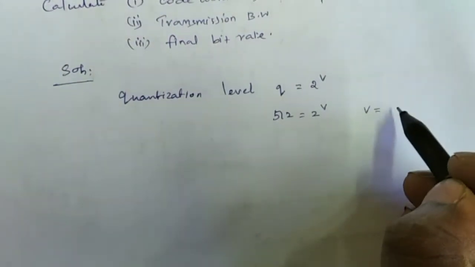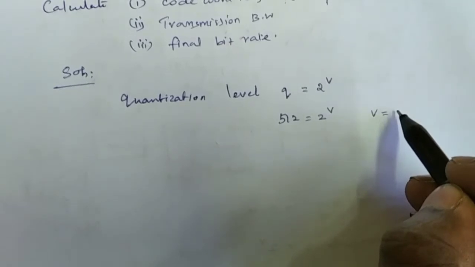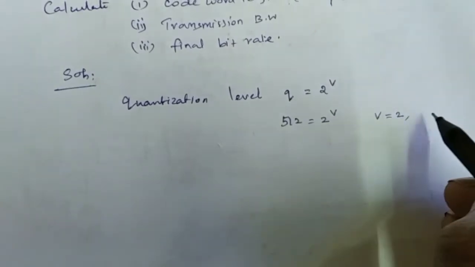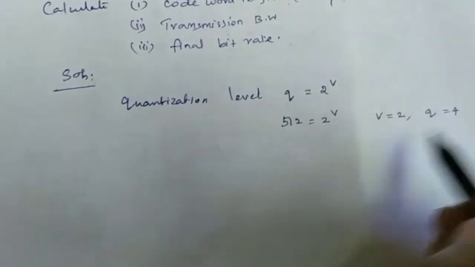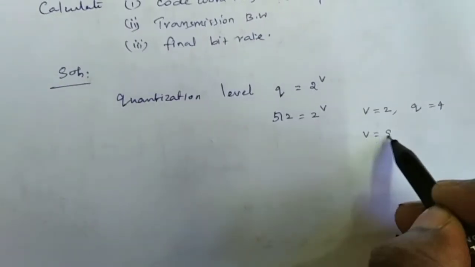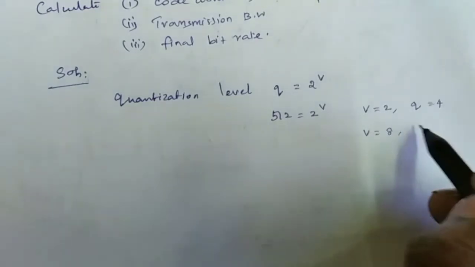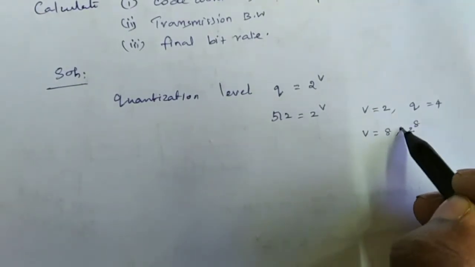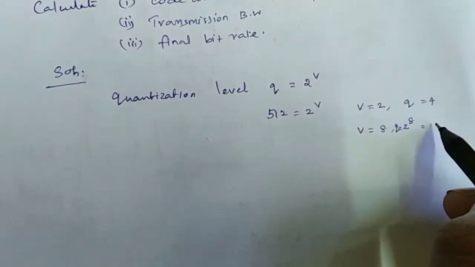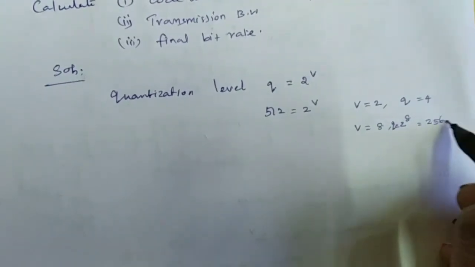For example, if V is equal to 2, then the quantization level is equal to 4, and for V equal to 8, the quantization level is 2 power 8, therefore Q is equal to 2 power 8, which is 256.